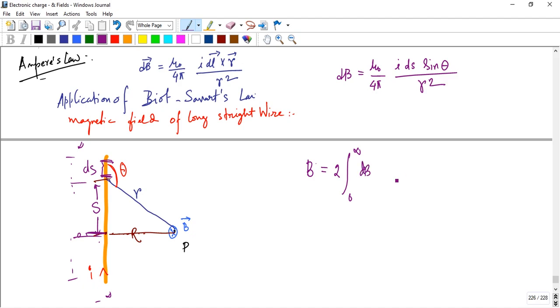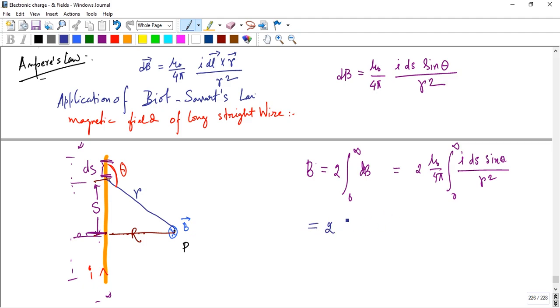So B equals 2 mu 0 upon 4 pi, a constant, outside the integration, times the integral of I ds sin theta by r square, with limits 0 to infinity. Here you see how to solve this type of integration.